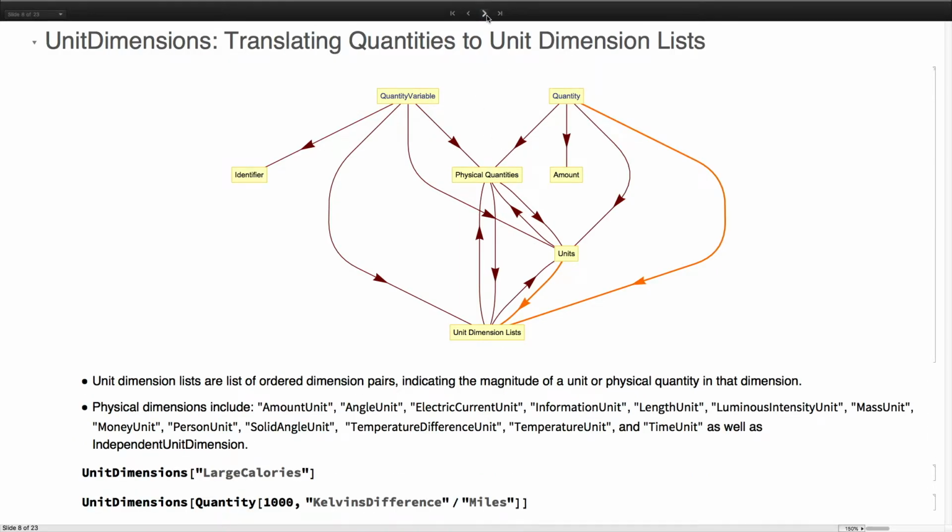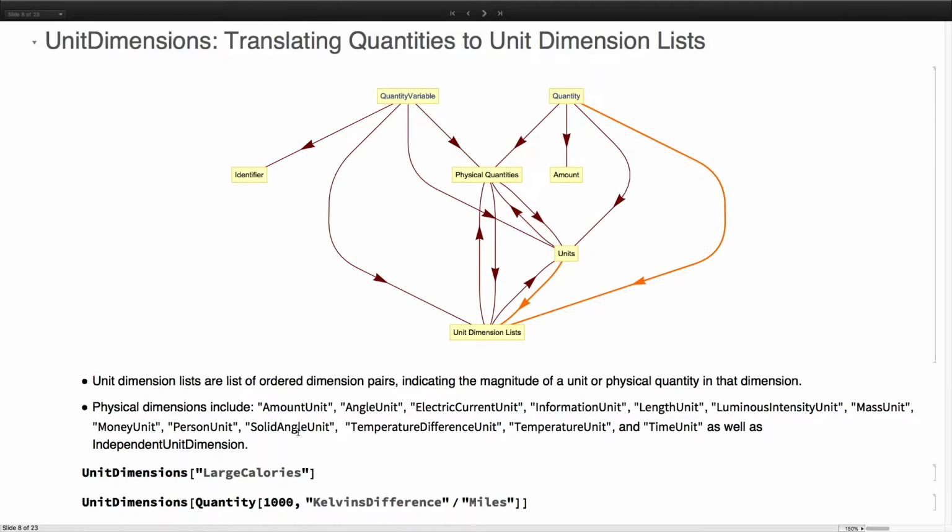And you can also get the physical quantity straightforwardly. Where things get interesting is when we want to get more information. Unit dimension lists are lists of ordered dimension pairs where the first item is a unit dimension, something like mass or length or money. And the second number is the degree to which that unit or physical quantity has in that dimension.